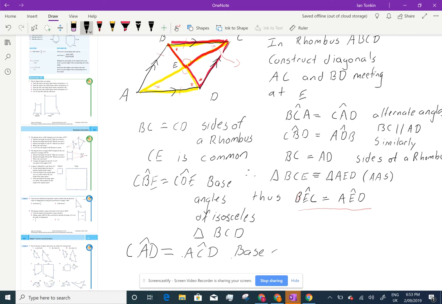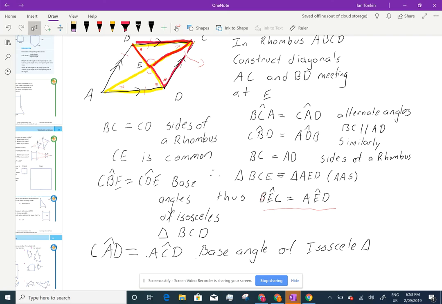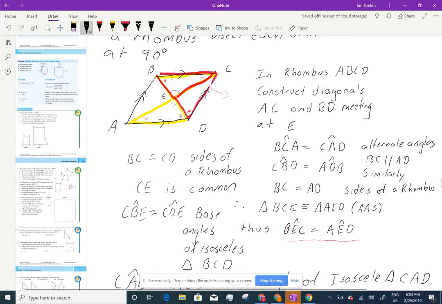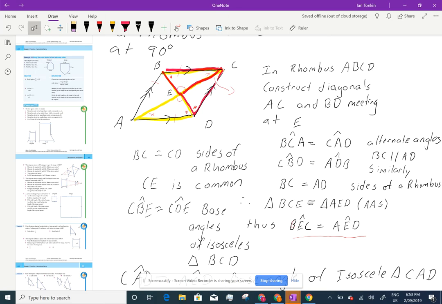Base angles of isosceles triangle CAD, because CD and CA are equal because they're sides of a rhombus. So I'll put that up here. CA equals CD, sides of a rhombus.